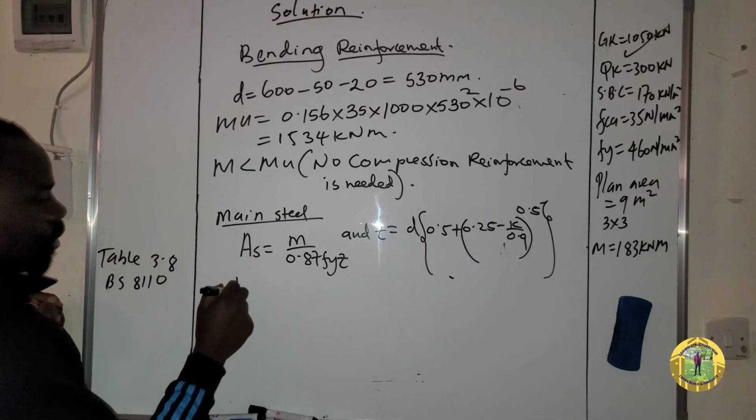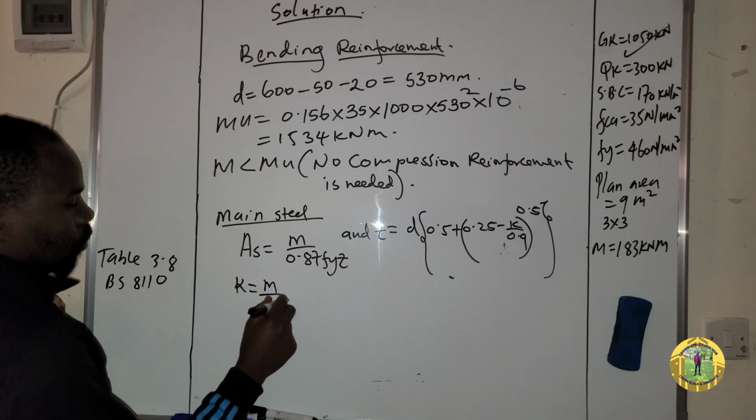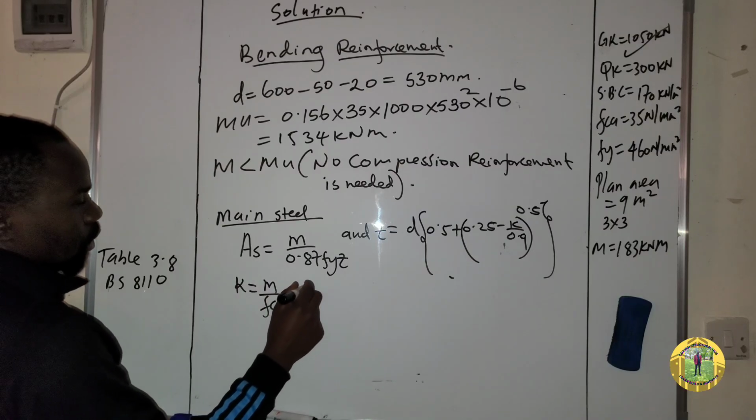Whereby K is equal to M over FCU B D squared.